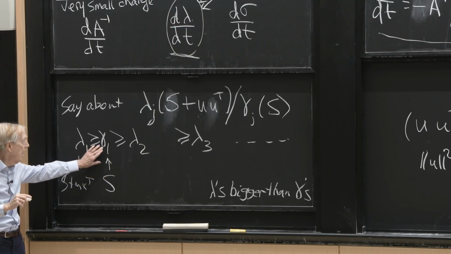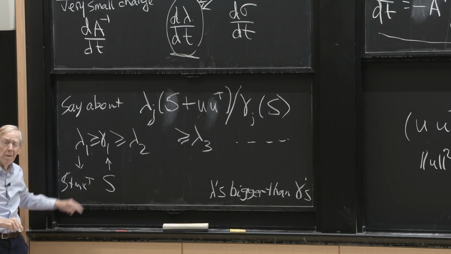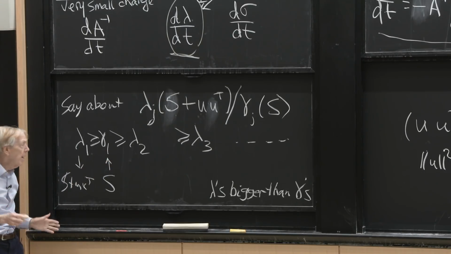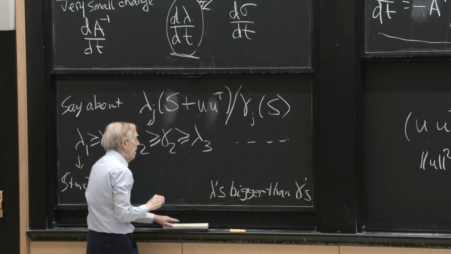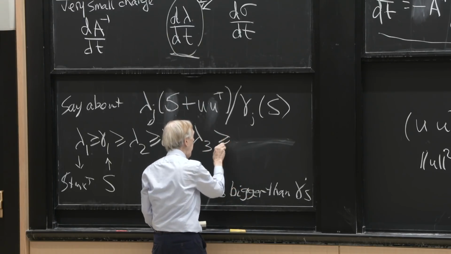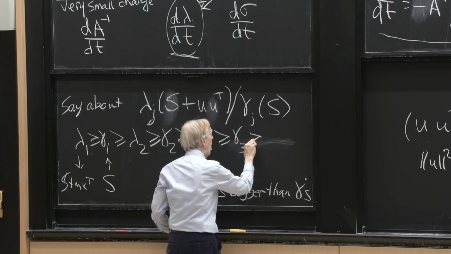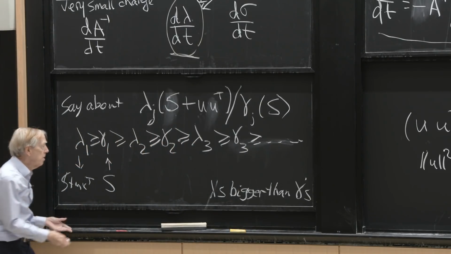I'm saying that lambda 2 is smaller than gamma 1. Isn't that neat? The eigenvalues go up, but they don't just go anywhere. And that's called interlacing.